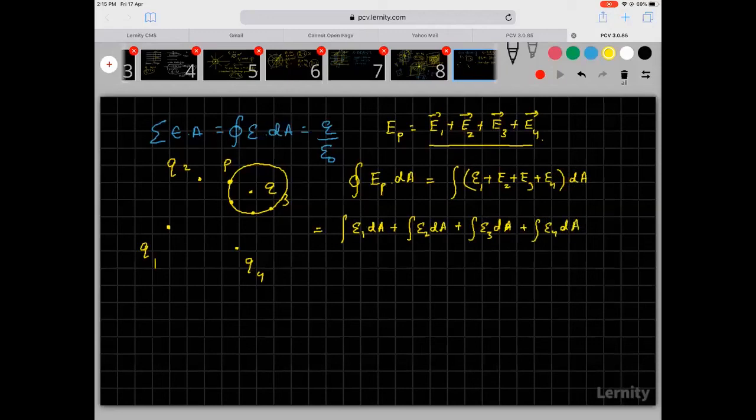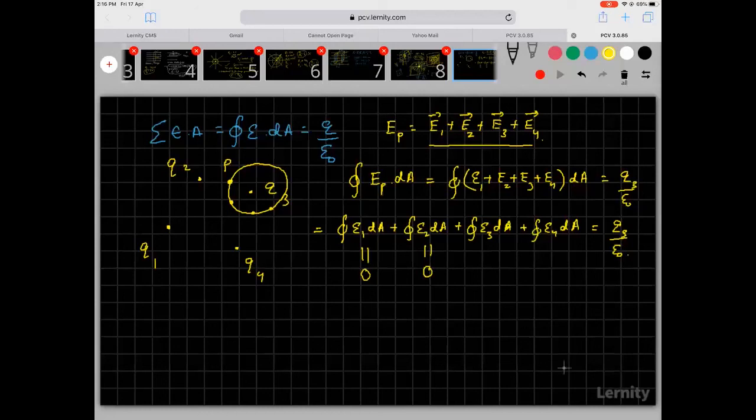And how much is this equal to? This is equal to the charge inside by epsilon naught, Q3 by epsilon naught. So how much will the integral of E1 dA be equal to? The flux due to Q1 will be 0. How much will the integral of E2 dA be equal to? The flux due to Q2 will also be 0, because all these charges are outside the closed sphere.